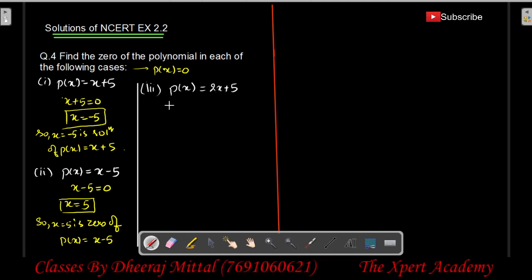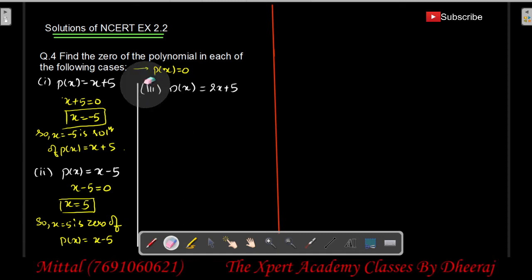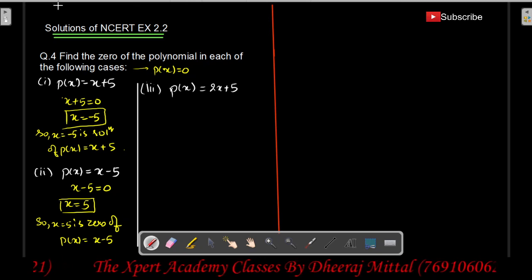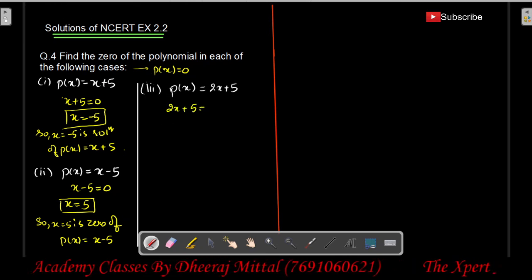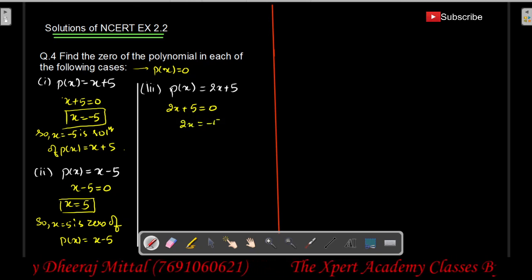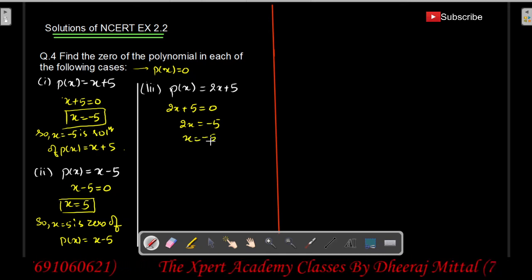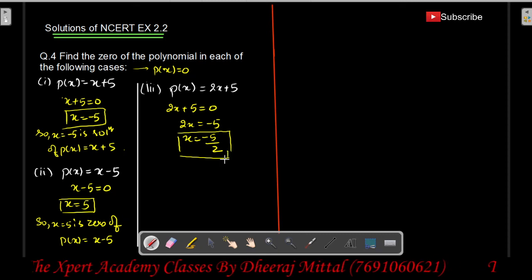So we will put 2x plus 5 is equal to 0. So first 5 will be moved to minus 5 and 2 is in multiply, so it will move to divide. So x is equal to minus 5 divided by 2.